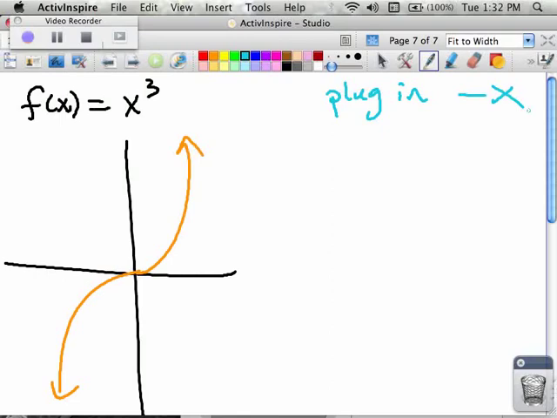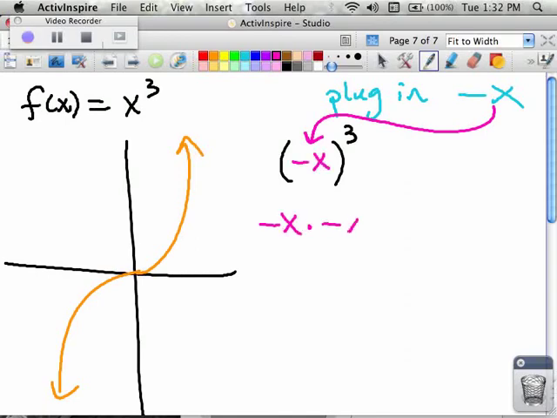So my function was something being cubed. What do I do? I take that opposite of x and I shove it in there for the function and see what happens. So this means I'm taking -x times -x times -x, which means I have -x cubed.